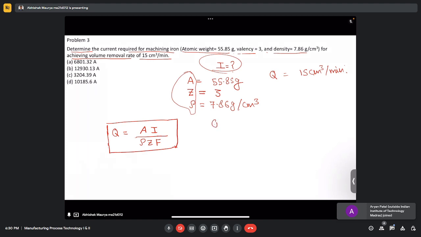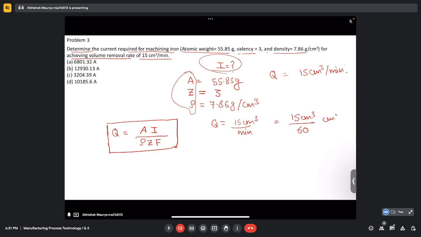So Q is 15 centimeter cube per minute, and if we convert it into centimeter cube per second, then it will be equal to 15 by 60 centimeter cube per second. So let's substitute everything here.